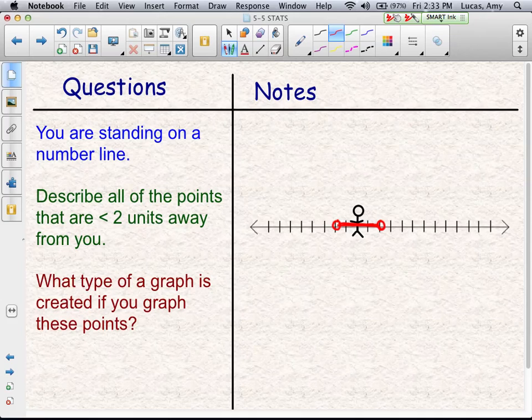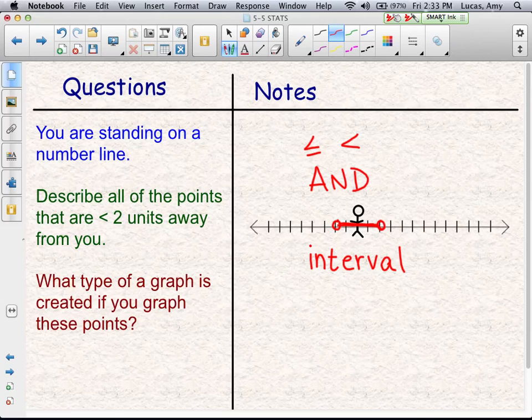So if an interval graph is created, that means that our compound inequality, when we're talking about absolute value with less than or equal to, the type of compound inequality that it associates to is an intersection.